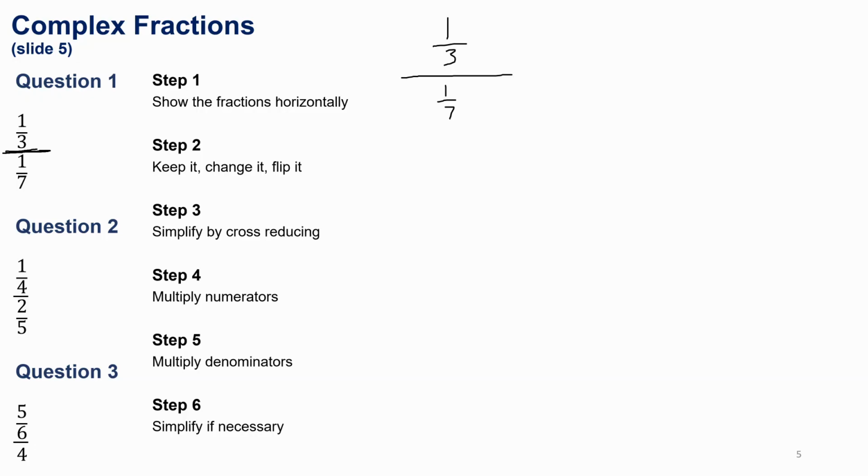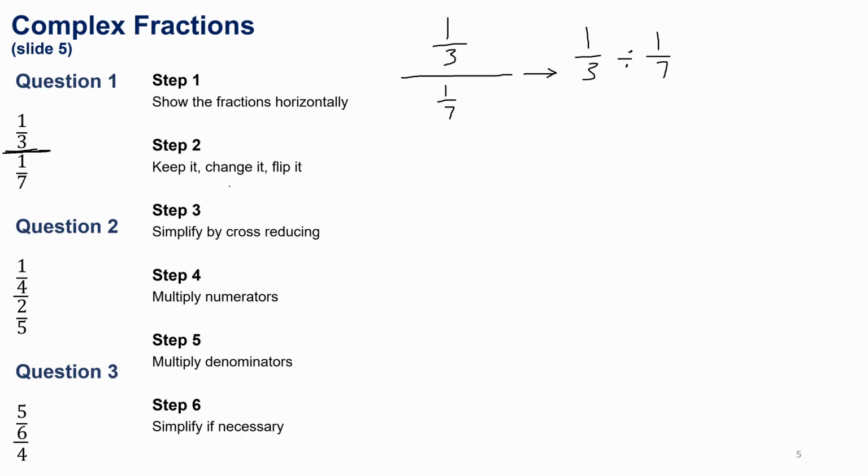So step number one, instead of showing this vertically, it is easier to show horizontally. So if we were to write this out horizontally, this would be 1/3 divided by 1/7. So now we can follow the steps we were learning previously, where we have proper fractions being divided by each other.